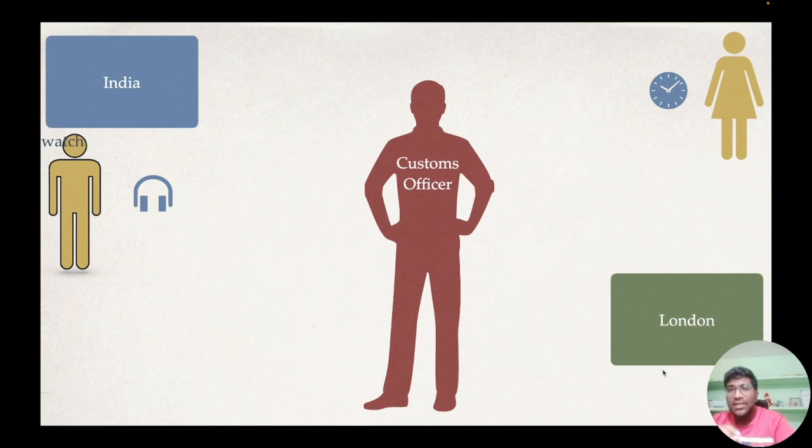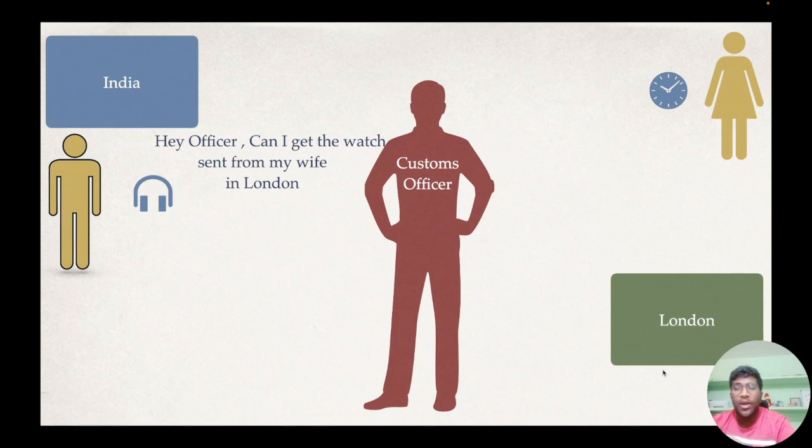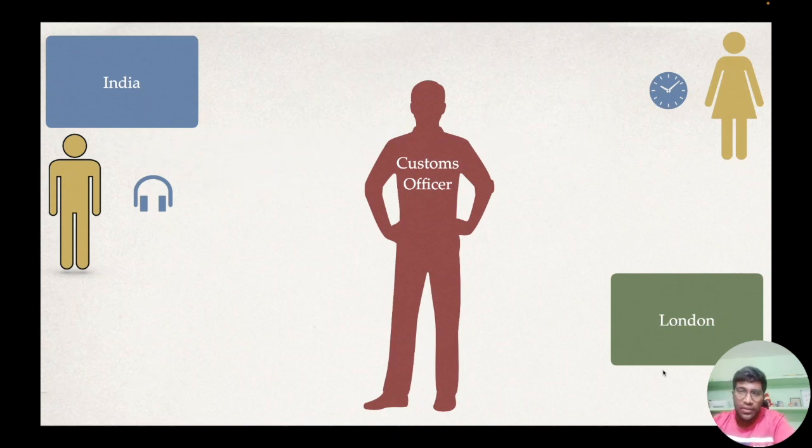Now the husband says, hey officer, can I get the watch sent from my wife in London? Once he asks this, the customs officer is going to validate all the proper documents, and check whether this watch has the address of this person. The main criteria is whether India is in the trusted list of London.